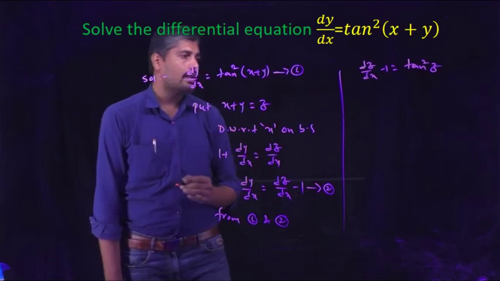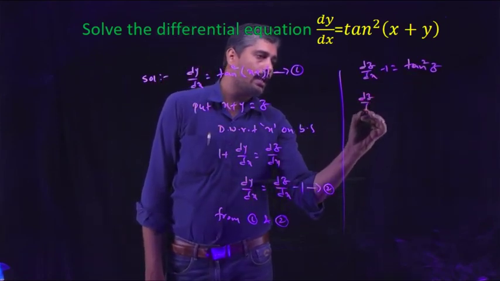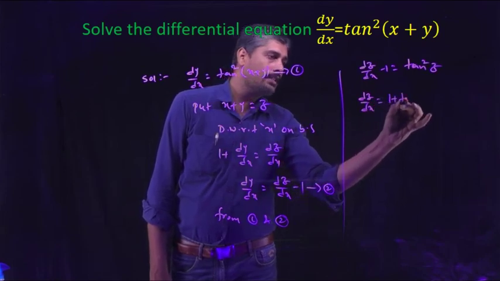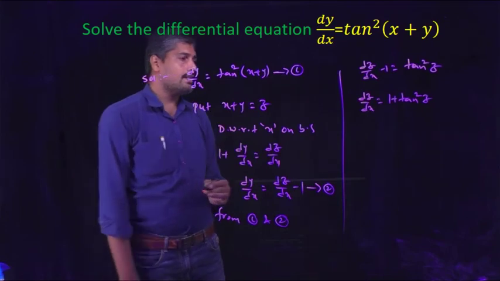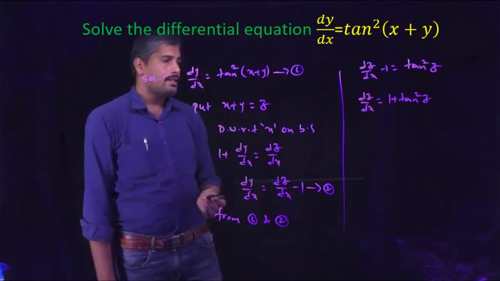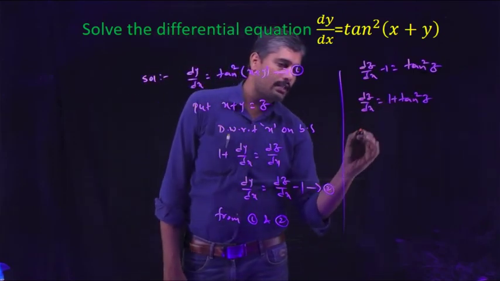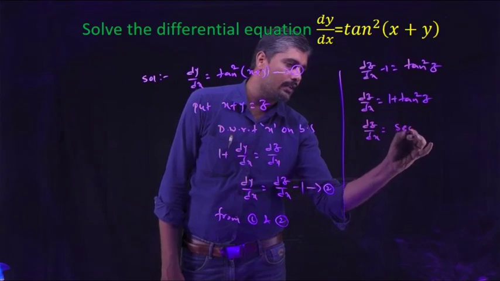Taking minus 1 to the right side, we get dz by dx equal to 1 plus tan square z. We know the identity, secant square z minus tan square z equal to 1. Then secant square z equal to 1 plus tan square z. That is dz by dx equal to secant square z.